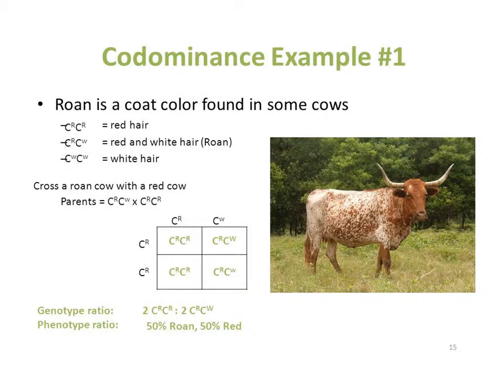The red hair is going to be expressed on a cell in its own separate way, and the white hair is going to be expressed on a cell in its own separate way. So in this cross, we're mating a red cow with a roan cow, and you will get 50% red and 50% roan.